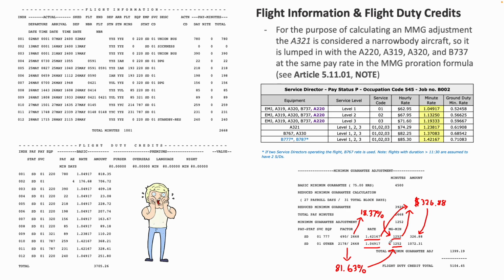And then we multiply those minutes by the narrow body rate, so $1 and approximately 5 cents per minute. And then that gives us a grand total of $1,072.31. And that corresponds with the other number that we're already showing.